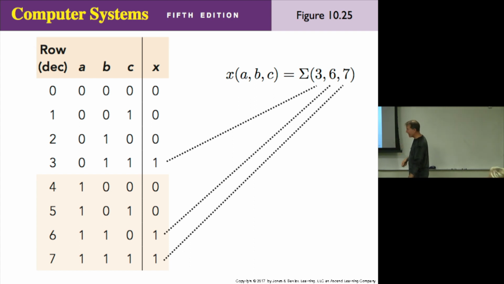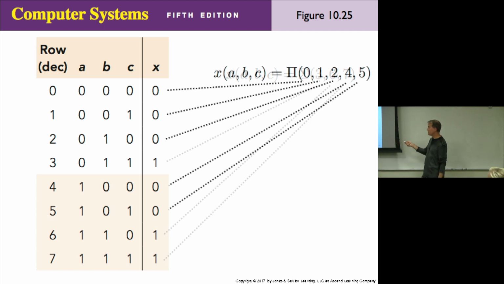So it's very easy to write that as minterms. Okay? And now what would this be? It's the zeros, so would it be A prime or B prime or C prime? Or would it be A or B or C? I thought it was A or B or C. We have to think this through. How do we know if it's A or B or C?